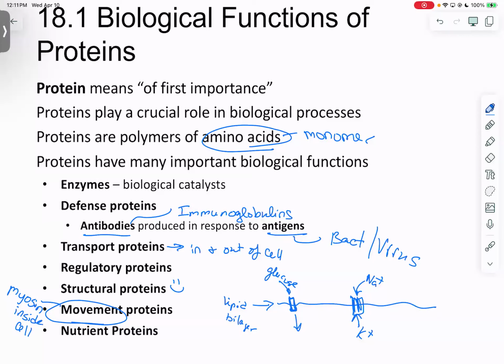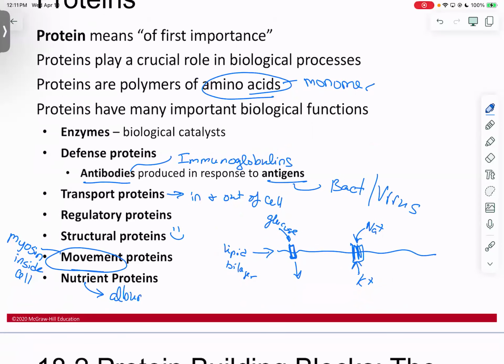And then the last category is nutrient proteins. For nutrient proteins, you've got to think about embryonic development. So in an egg, the albumin in the egg is an example of a nutrient protein that's there for the developing embryo, but we eat it.